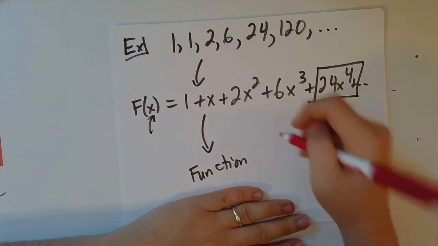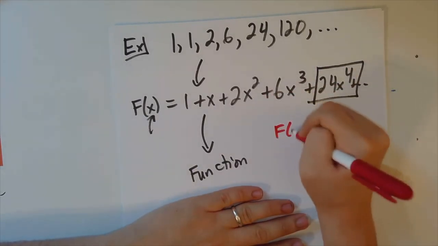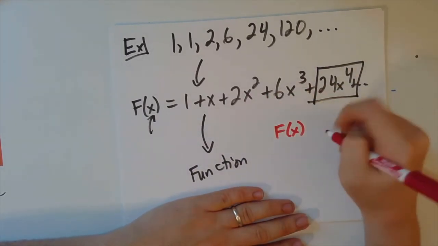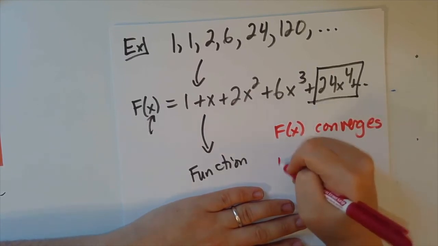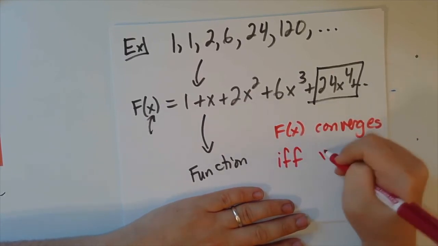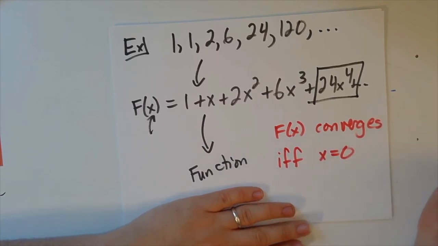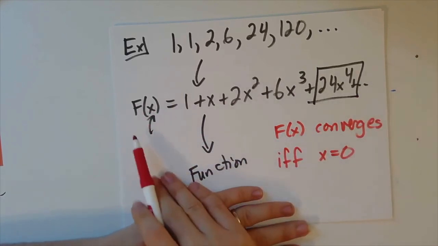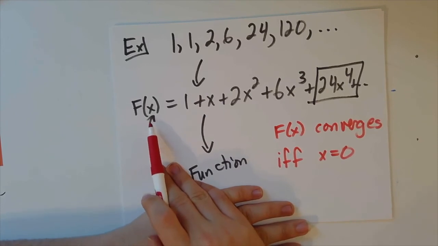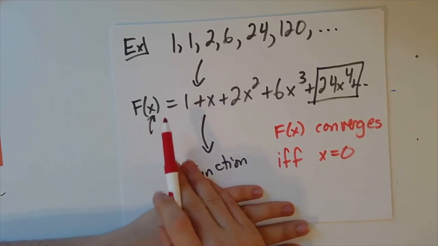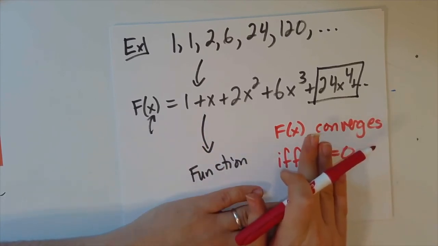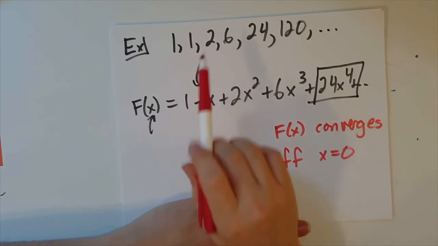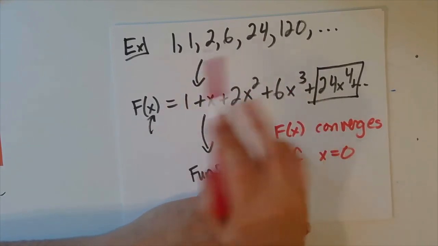In fact, this power series converges exactly when x is 0, if and only if x equals 0. So the quote-unquote function that this is associated with is just the function that sends the number 0 to the number 1, and it contains no other information. That's definitely not anywhere near enough to recover this sequence.